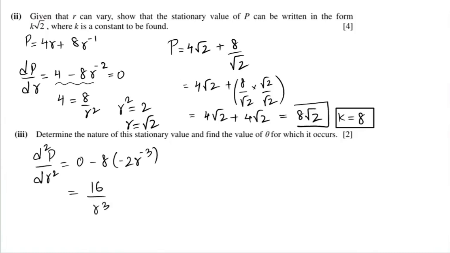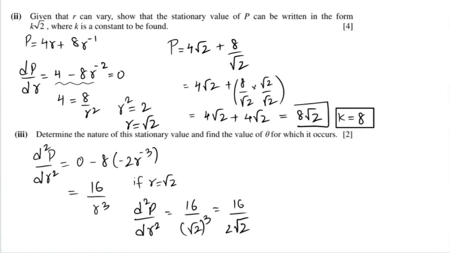If you sub your r value, if r equals root 2, then d squared p over dr squared is going to be 16 over root 2 cubed, 16 over 2 root 2. So that's 8 over root 2. But still, my purpose is met. I can see this as a positive value, hence the nature is minimum. So this is what they mean by justifying or determine, right?